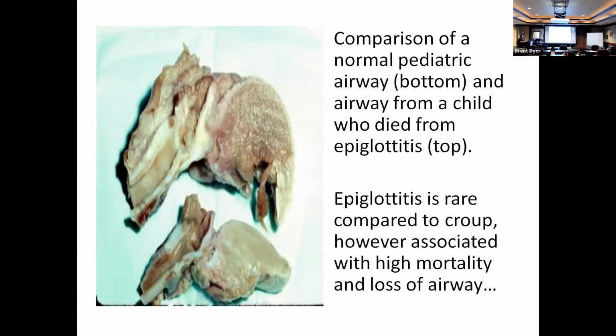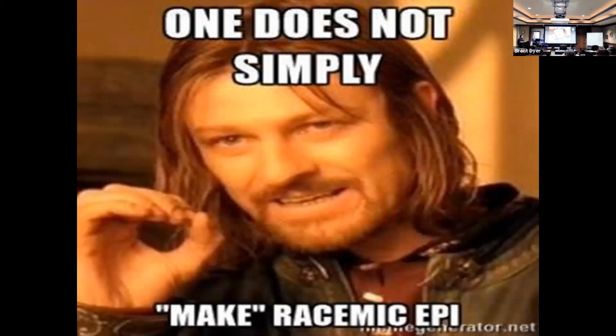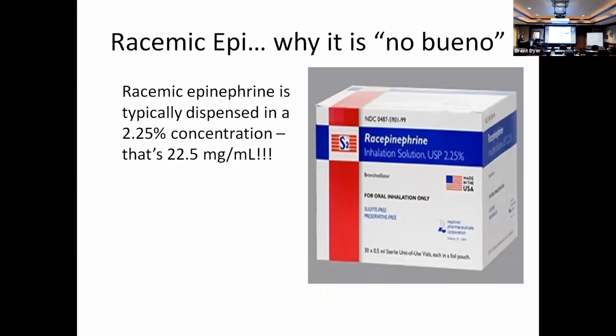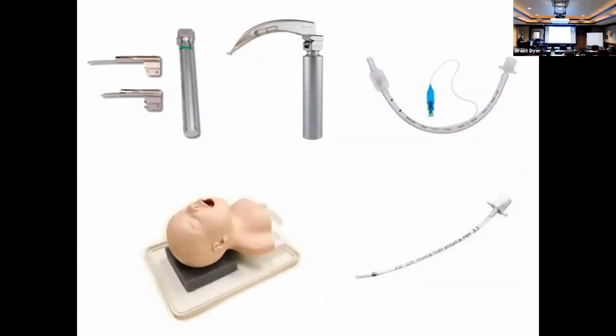It's considerable. This is why it becomes such an airway compromise, such a threat. And this is more for the paramedics. People want to talk about racemic epi. That's nonsense. It's not something that you just whip up in the back of the ambulance.